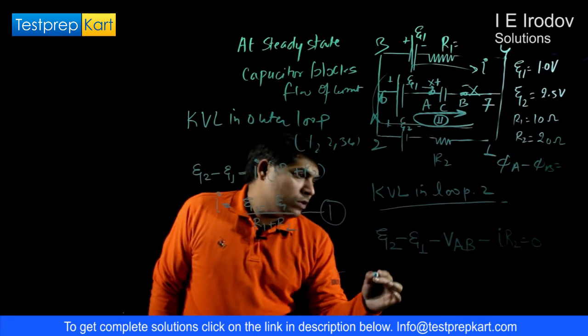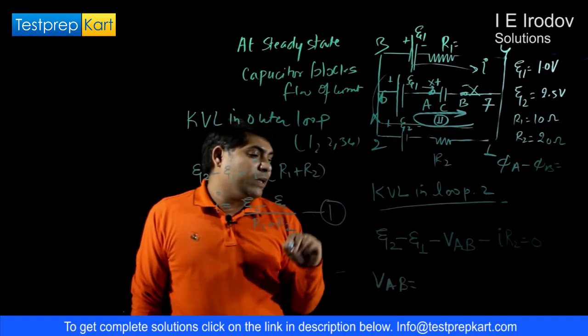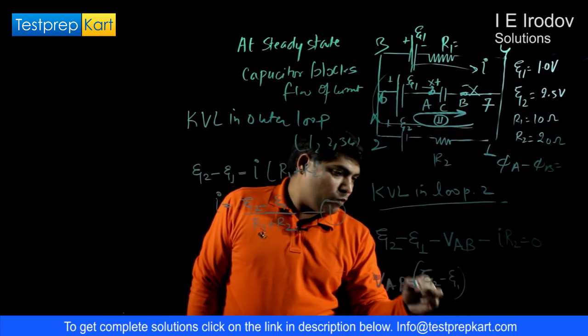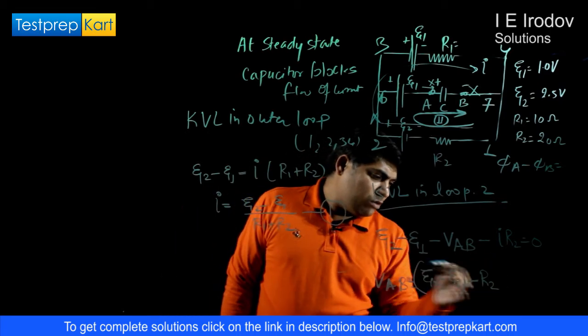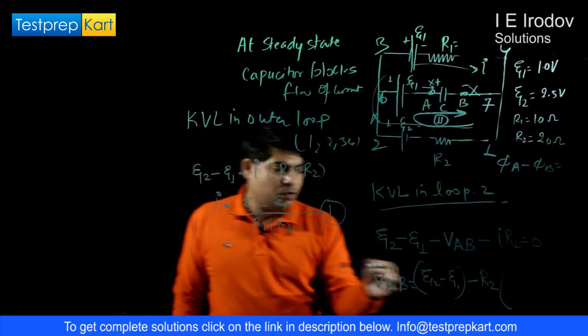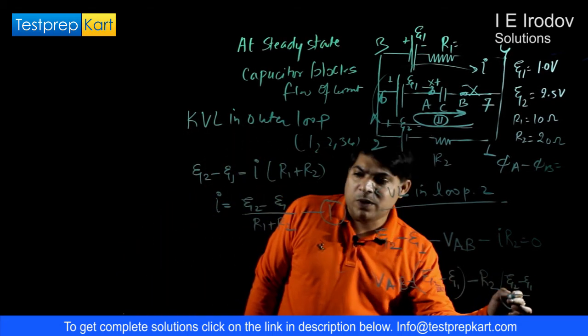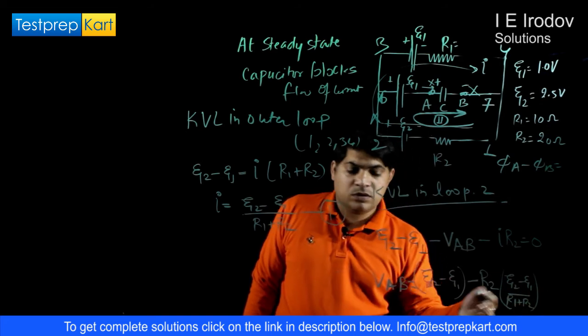is equal to 0. So from here we'll get the potential difference across terminal AB is equal to E2 minus E1, one term, minus I into R2. So R2, and we can replace the value of I from equation number 1, that is E2 minus E1 upon R1 plus R2.